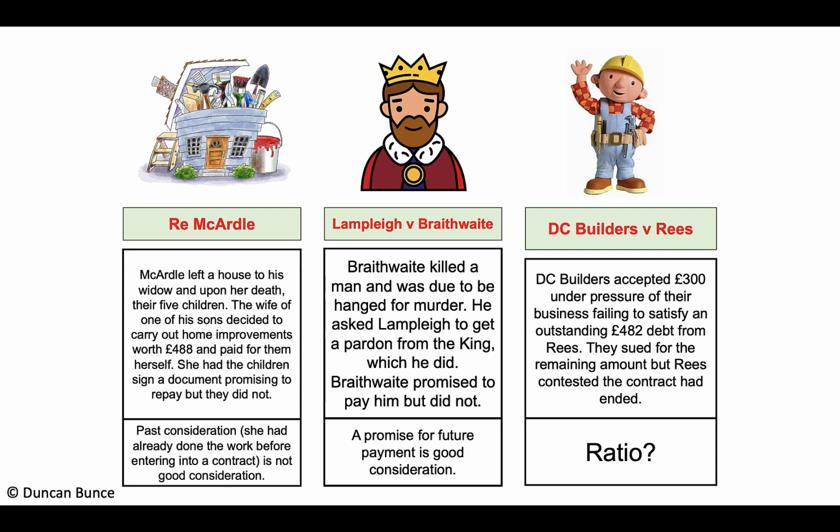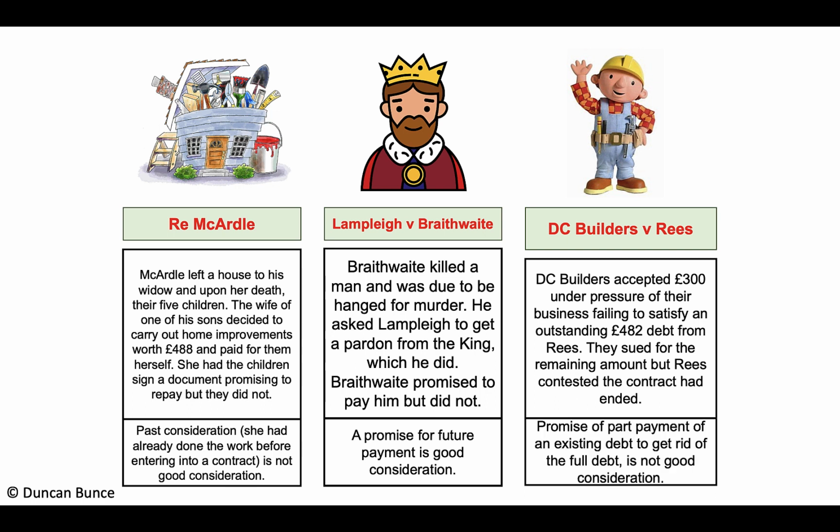And then once they received the £300, they then went to court and sued Rees for the outstanding amount. And of course Rees would argue, well, you said that would settle it, so we had consideration, didn't we? I gave you the money, you said that's fine.